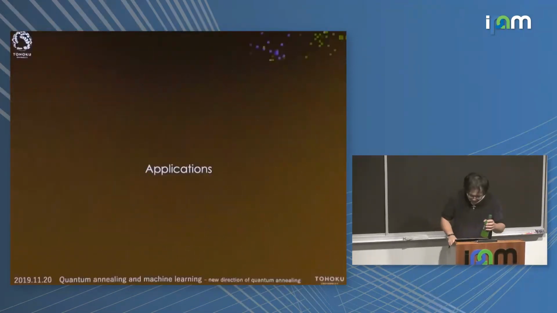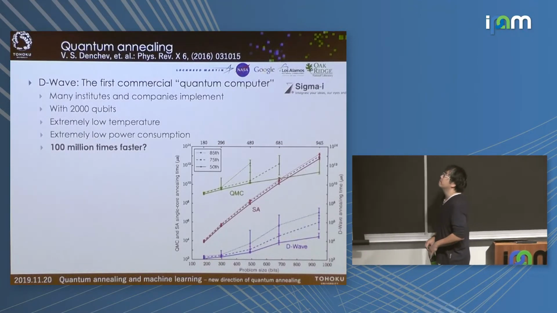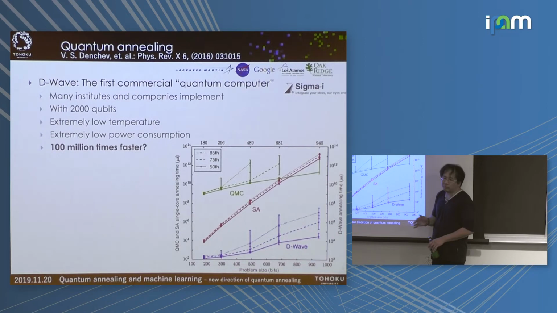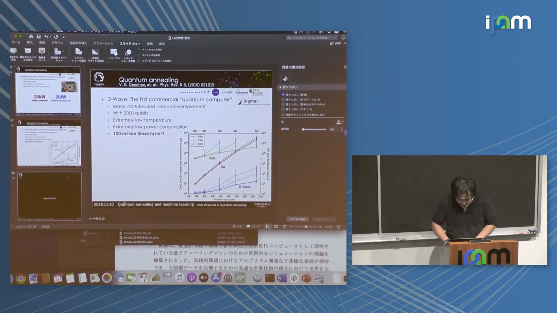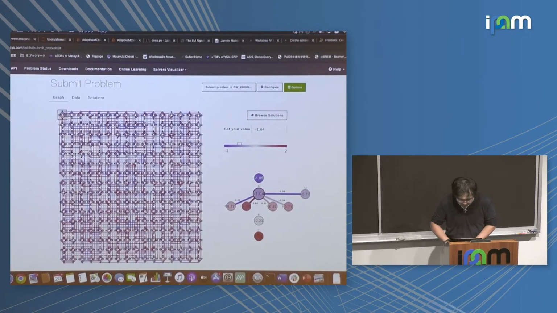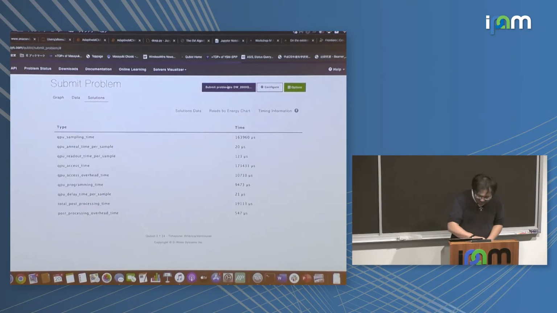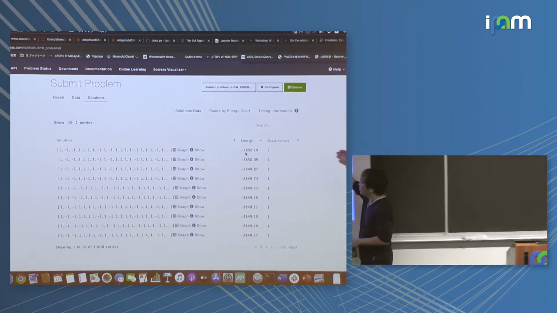Excuse me? On this graph, there's quite a lot of spread for the D-Wave curve. Where does that come from? Due to the environmental noise. Yes, that is a good question. Because we have solutions from the D-Wave 2000Q, and then you see the solution data, a list of the data.